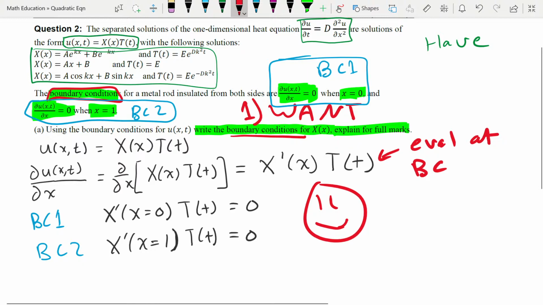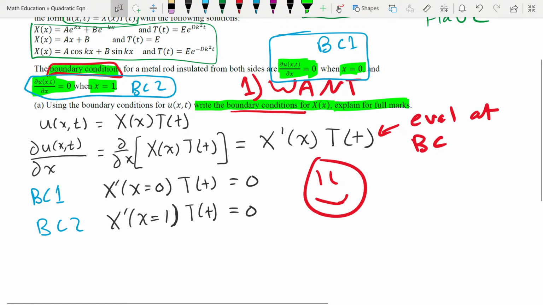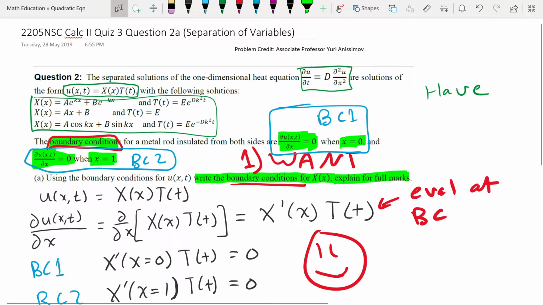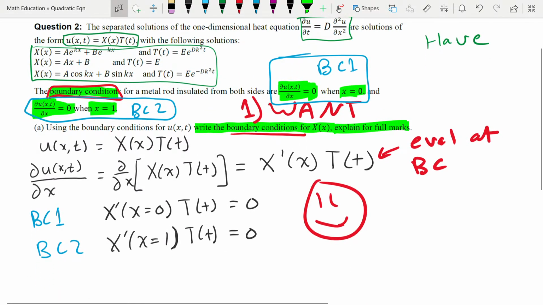Now, in most cases, we're going to want to assume that T is some non-trivial function, that it's not 0. But that's not what this is asking. This actually has nothing to do with what particular differential equation we have. It's merely asking us to translate the boundary conditions from a two-dimensional function to the product of some one-dimensional functions.